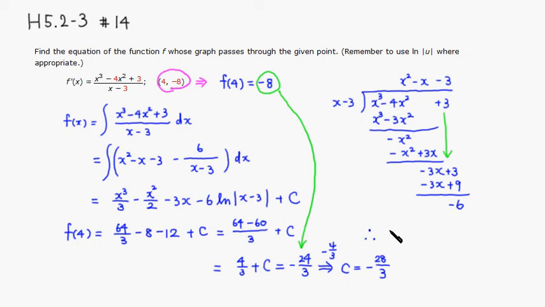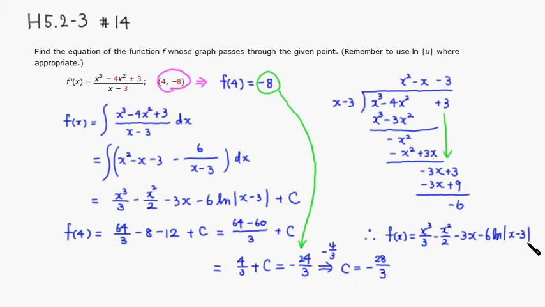The formula of the original function f of x is equal to x cubed over 3, minus x squared over 2, minus 3x, minus 6 times natural log of absolute value of x minus 3.